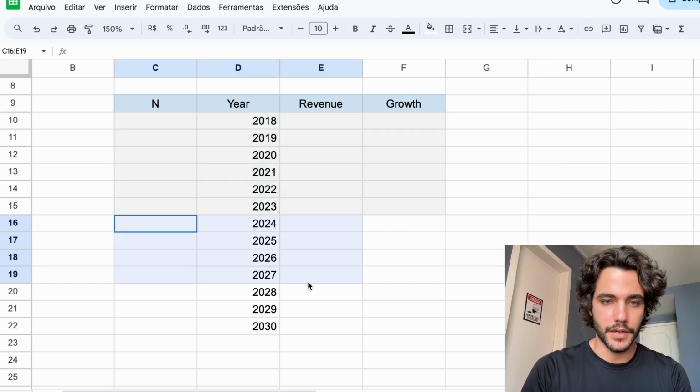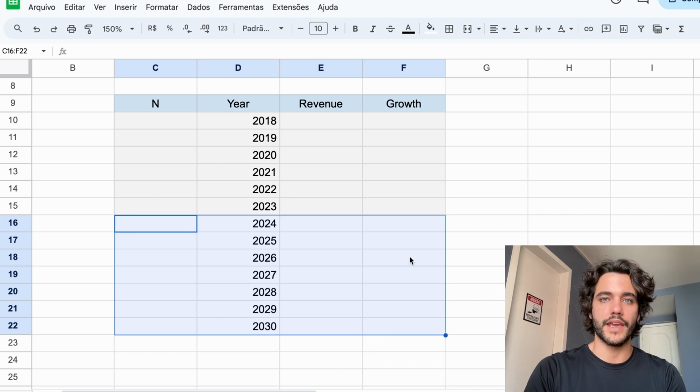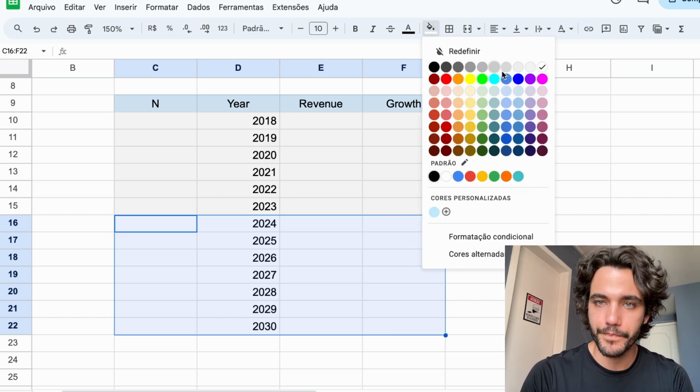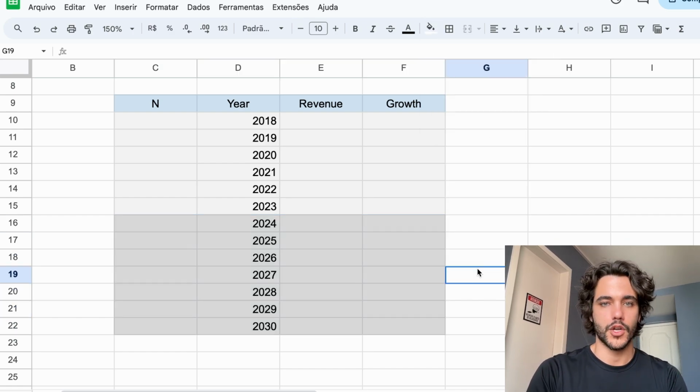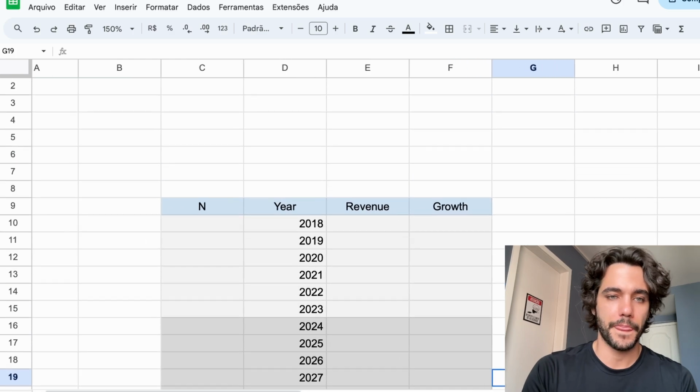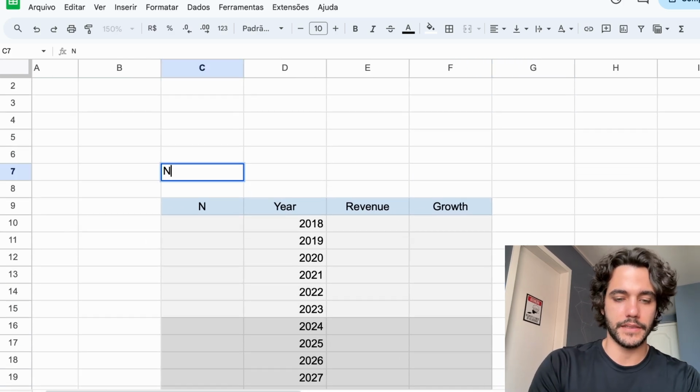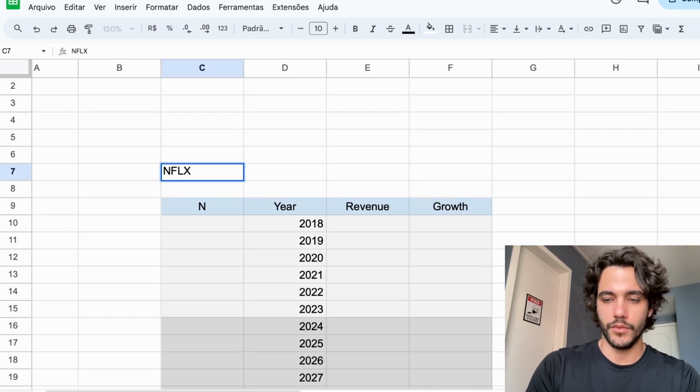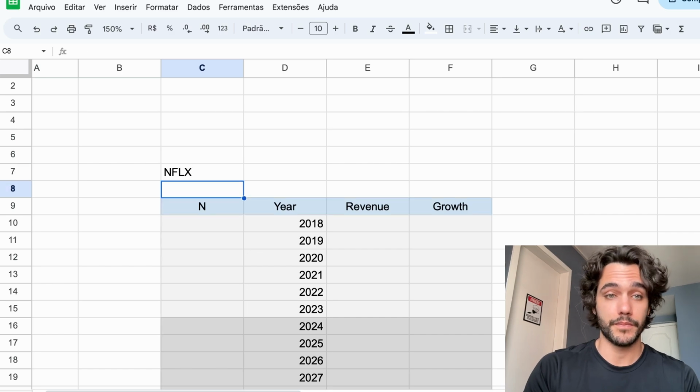And let's color the projection area in a darker gray. Okay, and let's write here Netflix because it's the company we will use as our example.